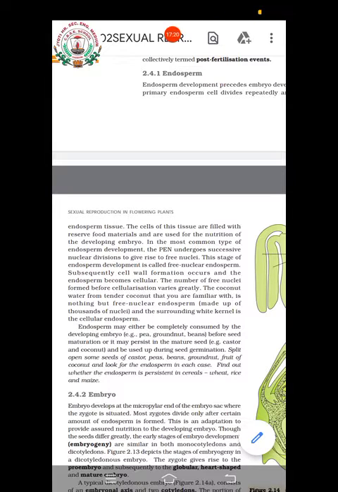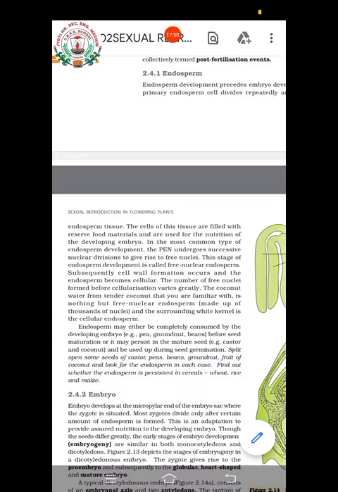Fourth option is two distantly related species. So what will be the answer? Second option, isn't it? A cross between the hybrid or F1 generation and the recessive parent is called test cross. You have learned, isn't it?